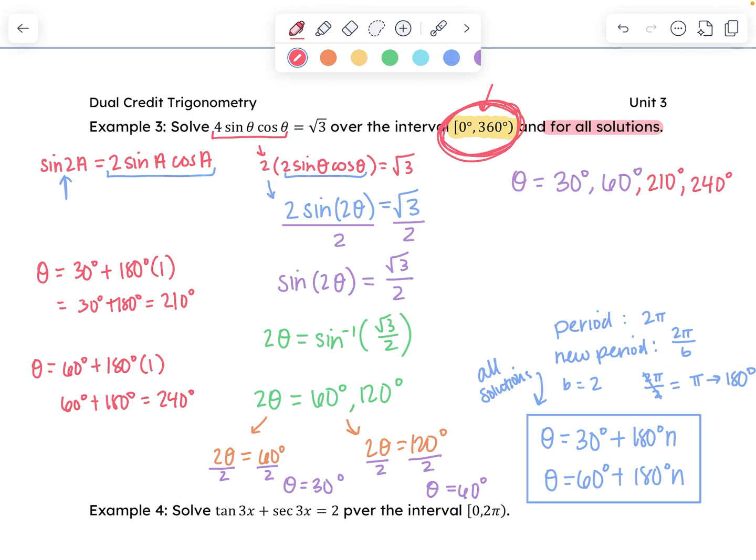So once you find all your solutions, it is possible that could help you find more of your answers that are in your original interval. If I plug in 2, that's when I would start getting out of my interval, because 180 times 2 would be 360, so 30 degrees plus 360 would get you out of the interval, and 60 degrees plus 360 would get you out of the interval.